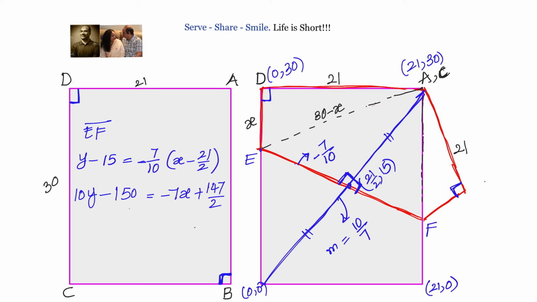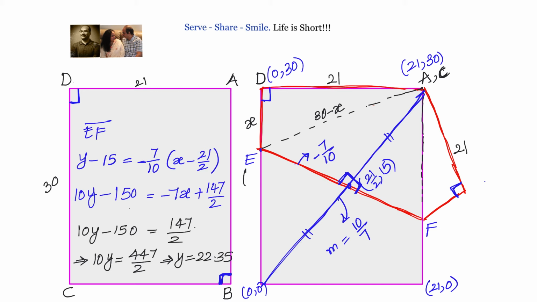We will get 10y minus 150 equals 147 by 2, or 10y equals 150 plus 147 by 2, that is 447 by 2. Simplifying, we will get y equals 22.35. So the coordinates of E are 0, 22.35.